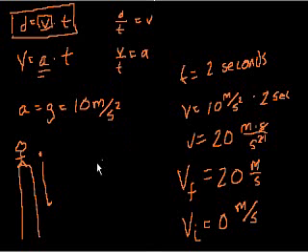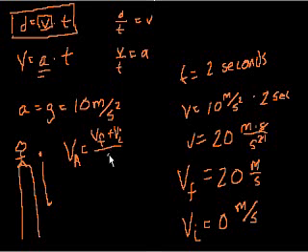Well, my final velocity was 20 meters per second, and my initial velocity was 0 meters per second, and obviously I went kind of continuously over those 2 seconds from 0 to 20. So my average velocity, actually I've never seen it done this way before, but let's just call it average velocity is equal to the final velocity plus the initial velocity divided by 2.